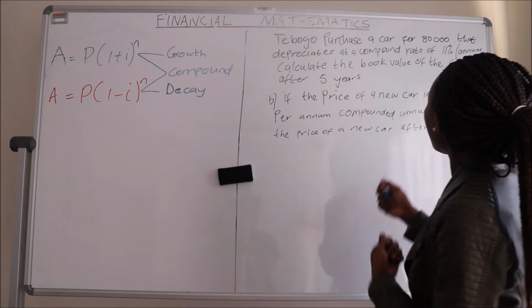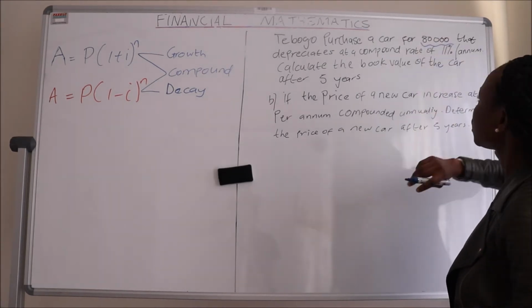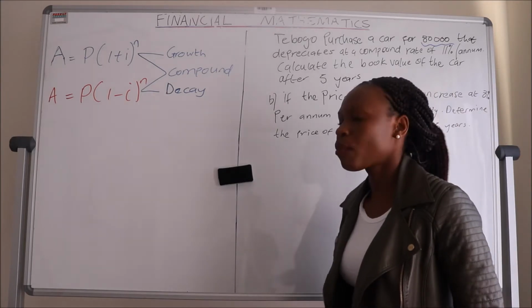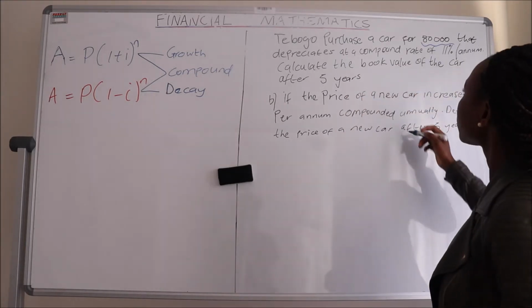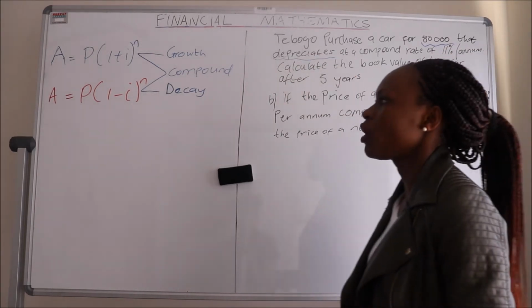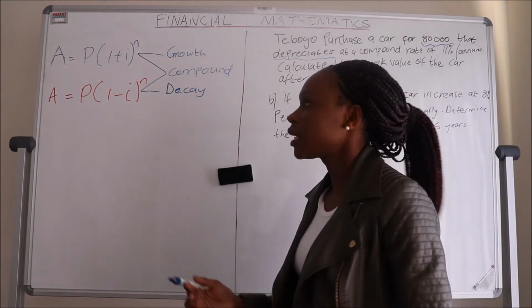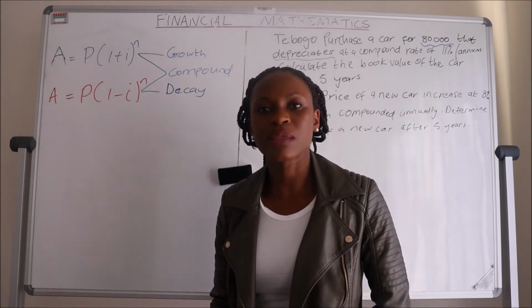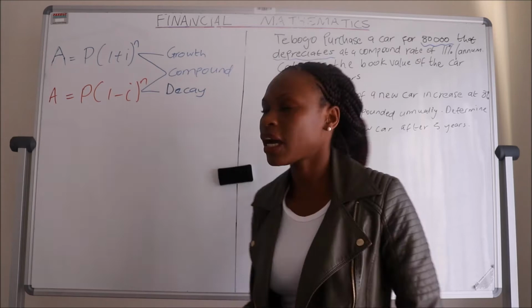Here we are given the initial purchase, which is 80,000. The car that they will purchase was 80,000 and it was depreciating. That means that we have to use the equation of compound decay, because the investment that the worker has made will be depreciating over time.